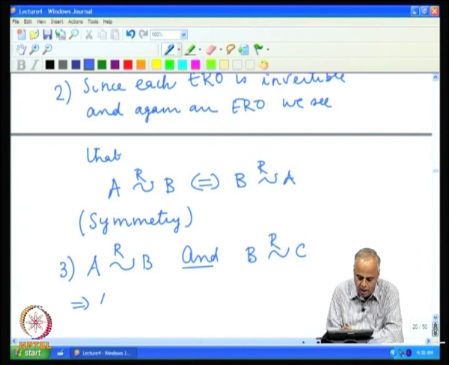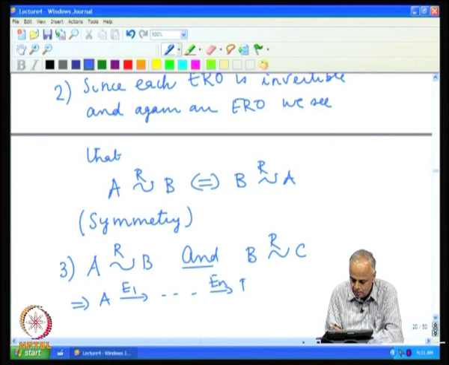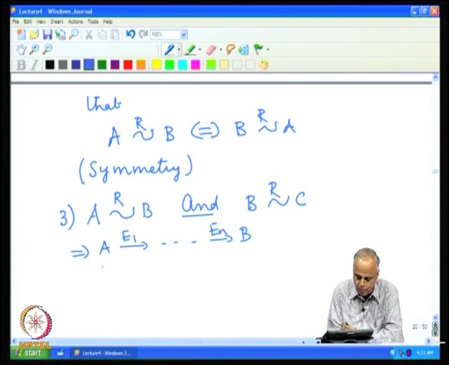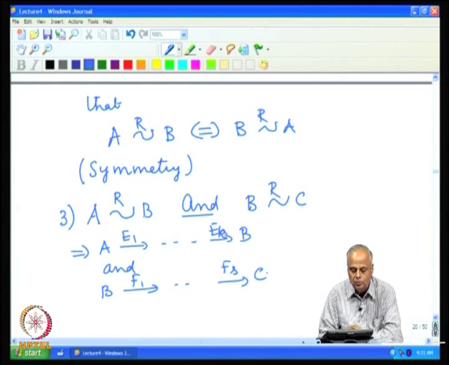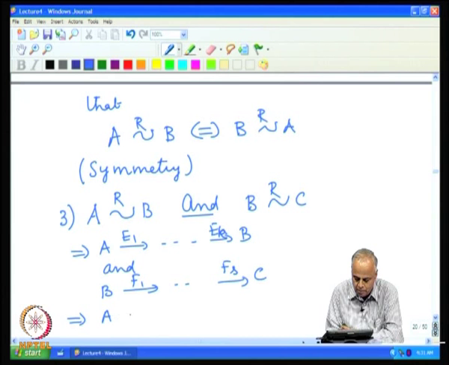That means I can apply a finite number of elementary row operations, say E1, E2, ..., Ek, to get to B, and maybe I can apply F1, F2, ..., Fs to go from B to C. That means I can go from A to C by a finite number of EROs.